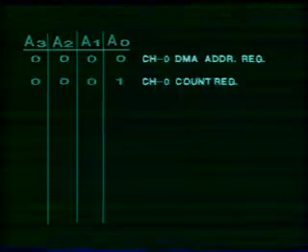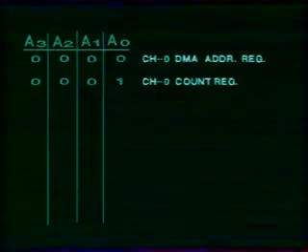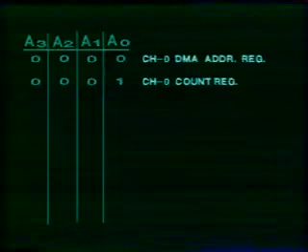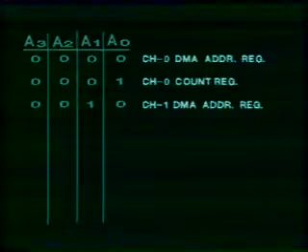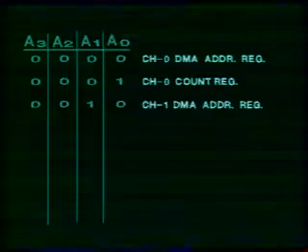Address 0000 is used for channel 0 DMA address register. Address 0001 is used for channel 0 terminal count register. Address 0010 is used for channel 1 DMA address register.